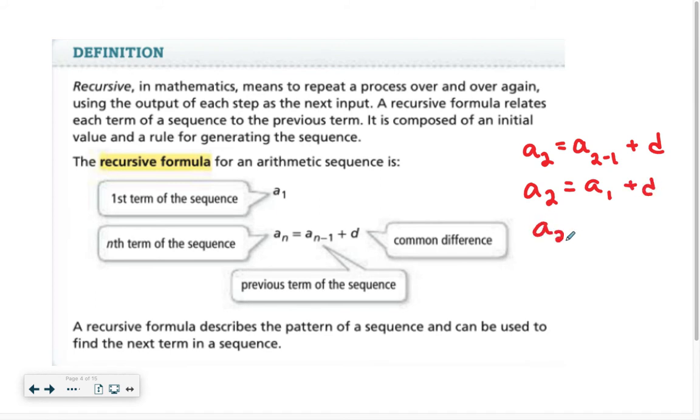So I can say that my second term is just my first term plus the common difference. Okay? And this works for any number. If I said a of 50, then I would have a 50 minus 1 plus d, and a of 50 would be saying whatever the 49th term is plus the common difference.